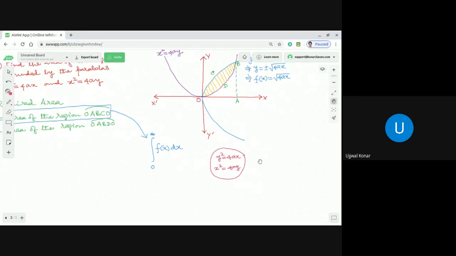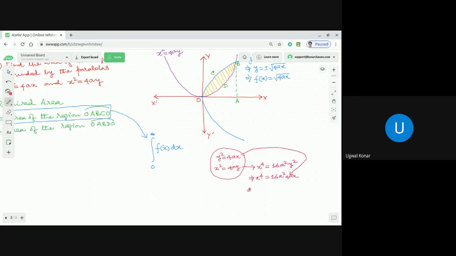So from x square equal to 4ay, dear students, what we will write? I'm squaring both the sides. If I square both the sides, I will get x power 4 is equal to 16a square into y square. Correct or not? So this implies x power 4 is equal to 16a square y square, and y square equal to 4ax, so 16a square into 4ax.